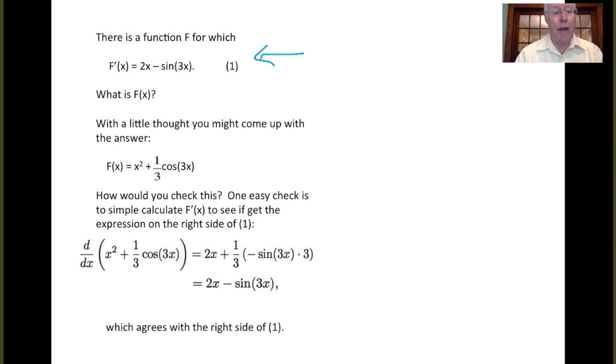That calculation is done right down here. There's the derivative of capital F, and we have 2x plus 1/3 times minus sine 3x times 3. This term comes from applying the chain rule to the cosine of 3x, and that simplifies to 2x minus sine 3x. This agrees with the right side of 1.